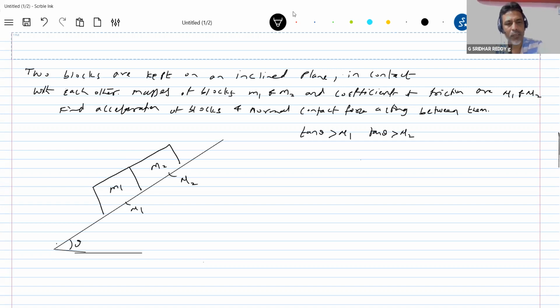Now, what are the forces that will be acting on the individual blocks? I'll show it on each individual block. This is M1, with M1G sine theta.